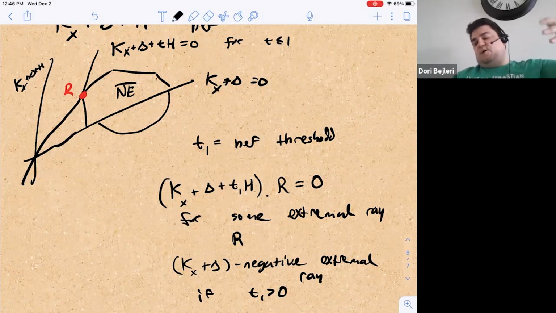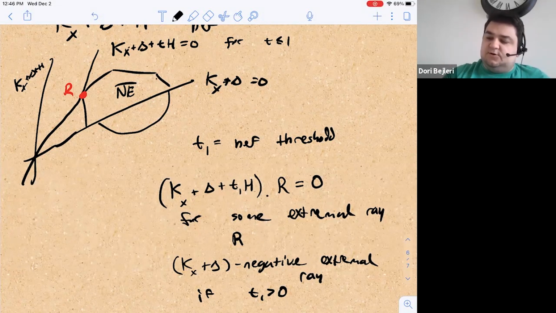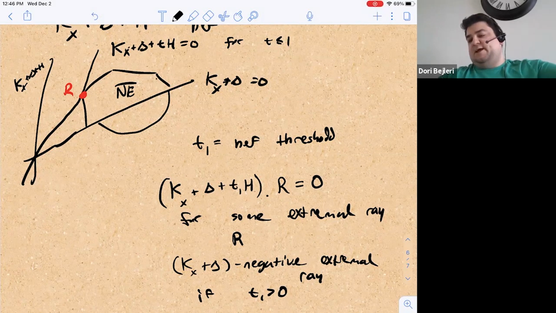So if K_X plus Delta is already nef, then we're done because we already have our minimal model. There's no MMP to run. So basically we assume that K_X plus Delta is not nef. Then we know there's going to be some nef threshold T1 that's strictly bigger than 0. When we hit that nef threshold, we've picked out some extremal rays. Pick one of them, R. Now we have this extremal ray that's K_X plus Delta negative, but K_X plus Delta plus T1 H dot R is 0.